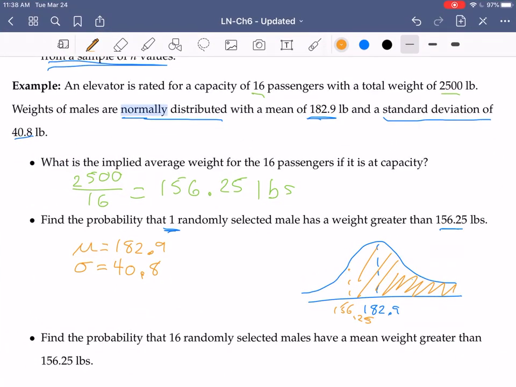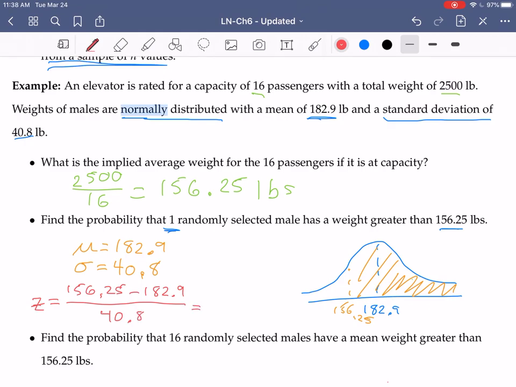Let's convert this value, the 156.25, to a z-value. So 156.25, x, minus the mean, so minus 182.9, divided by 40.8.